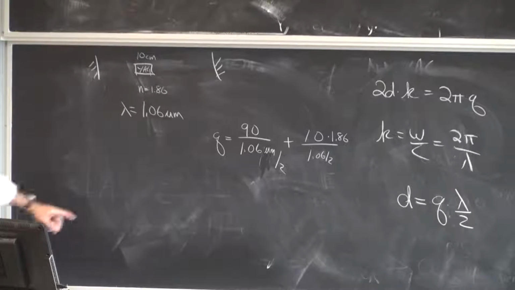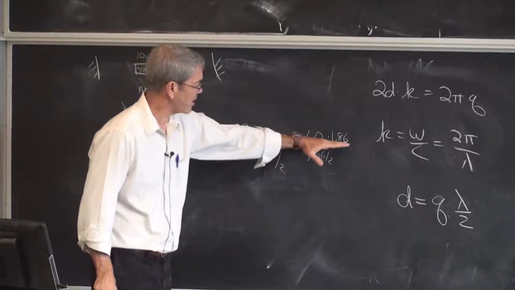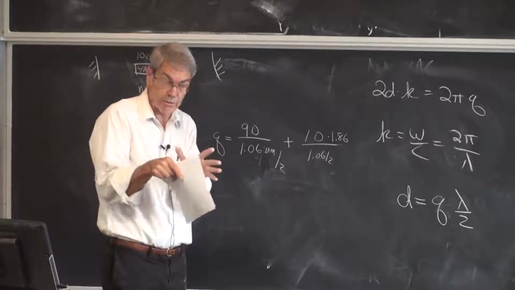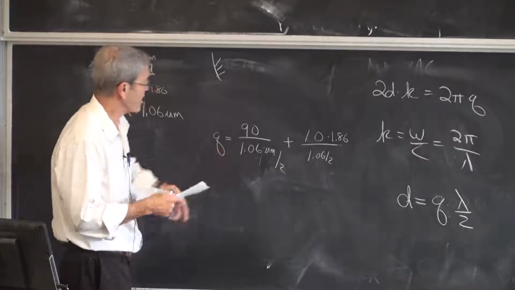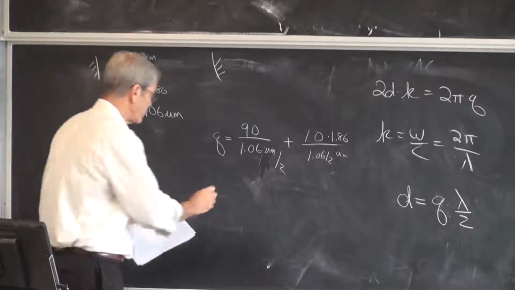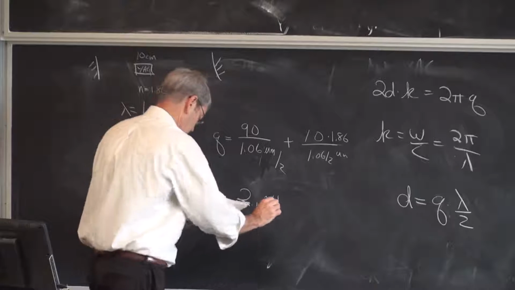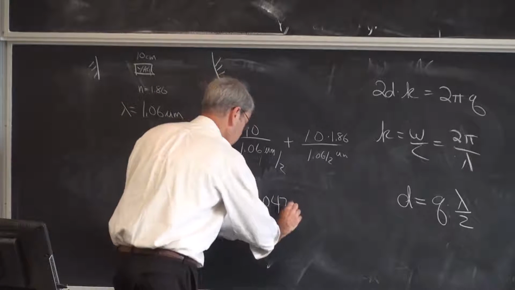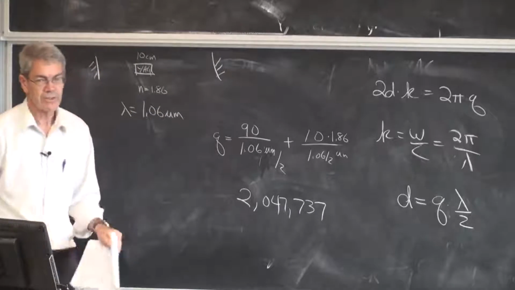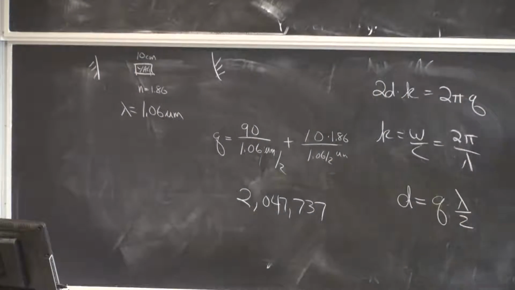So in free air the wavelength is 532 nanometers; inside the material it's 532 divided by 1.86, the index of refraction. So the wavelengths get shorter in the material. You grind that through, this is microns again, and I get a number like 2,047,737.